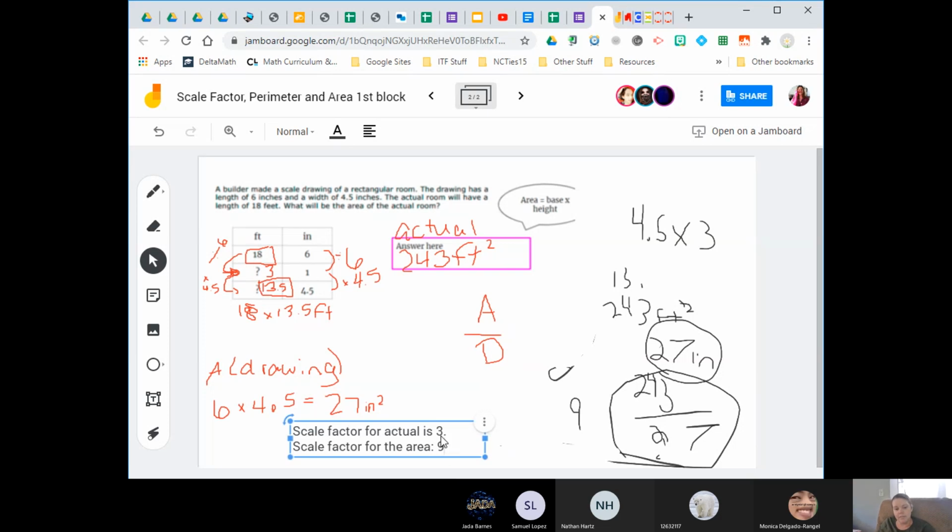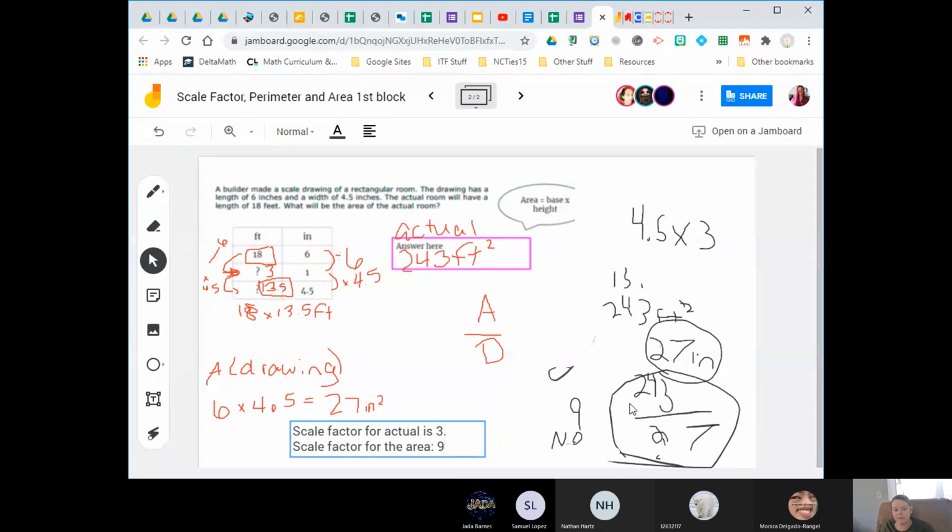What do you notice about these two scale factors? Are they the same? Okay, no, they're not.